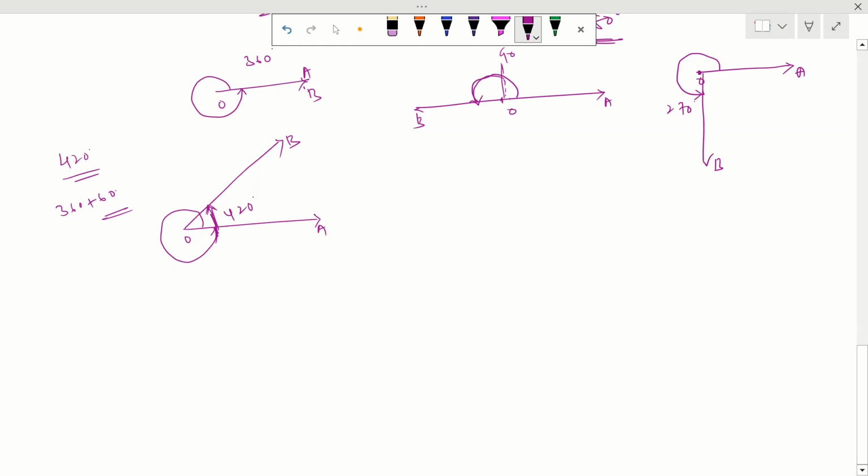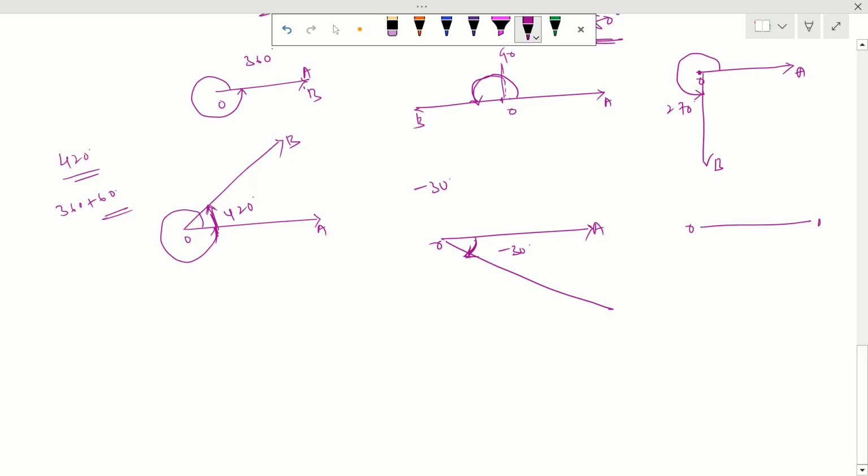Now what about, suppose, minus 30 degrees? How can we write it? This ray is OA, and the 30 degrees will be measured in the clockwise direction. So here it is minus 30 degrees. And what about minus 420 degrees?